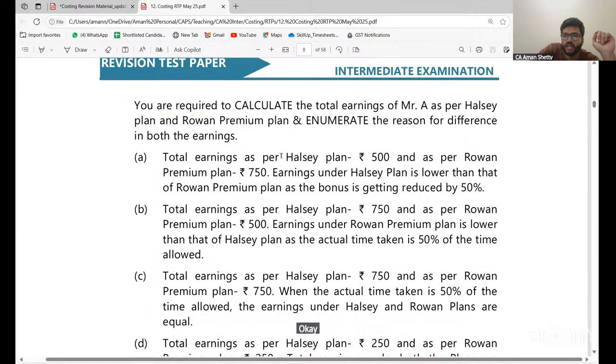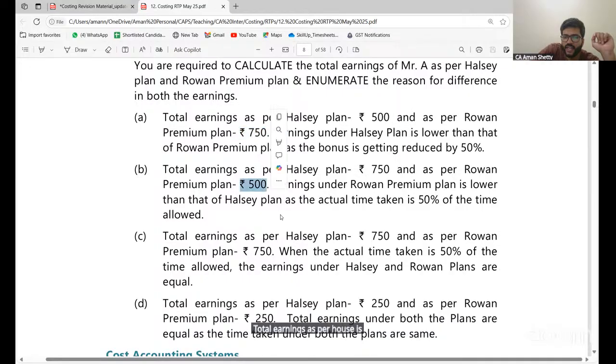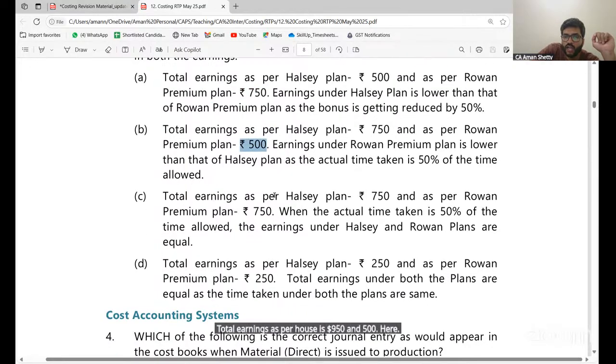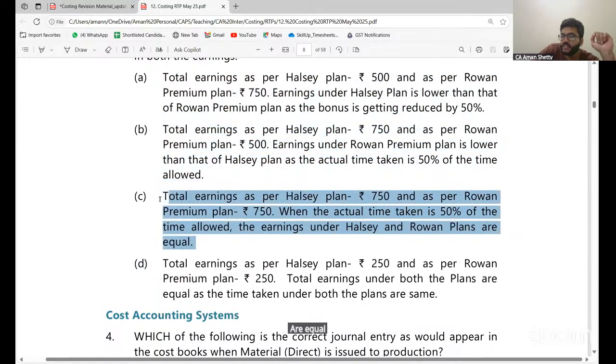Then, total earnings as per Halsey plan 750 and as per Rowan plan is 750. When the actual time taken is 50% of time allowed, the earnings under Halsey and Rowan are equal. Understood, all of you?